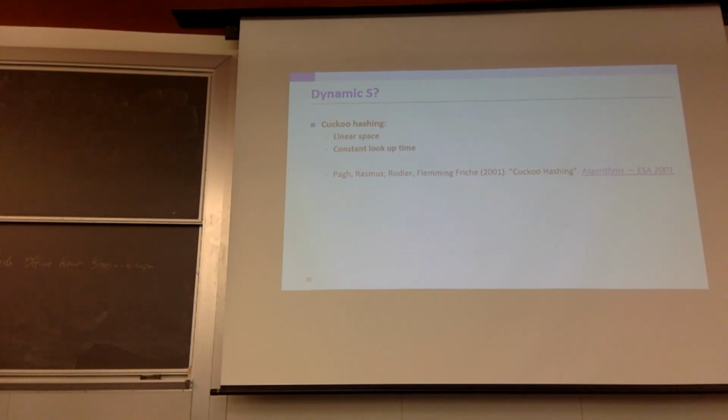Basically, for each element you have two different hash functions, two-wise independent hash functions. For each element, you use those two hash functions to get two potential places to put it in your hash table. If one of those spaces is empty, you just put the element in that space.